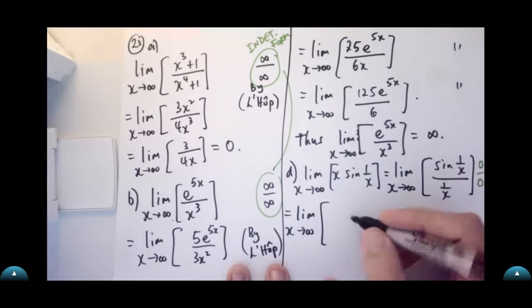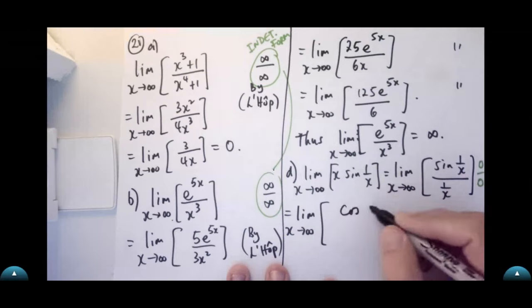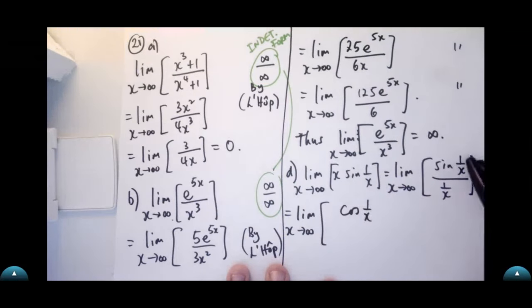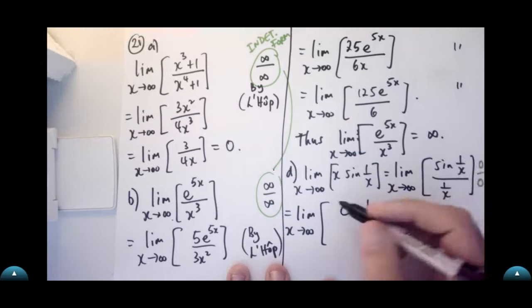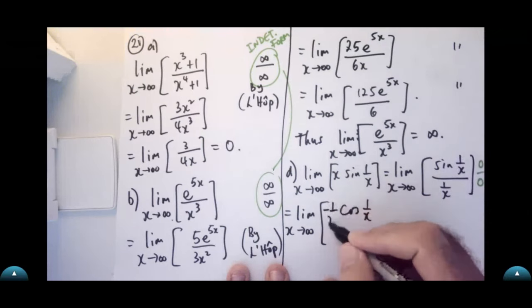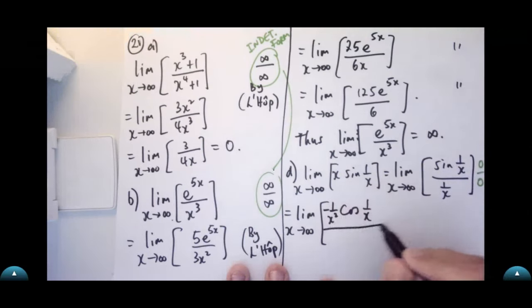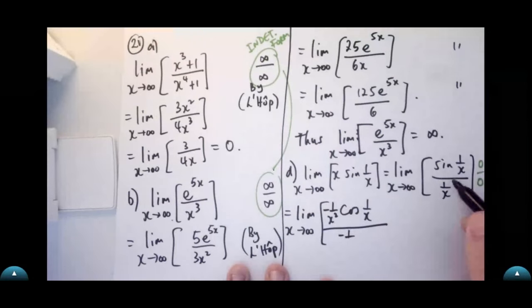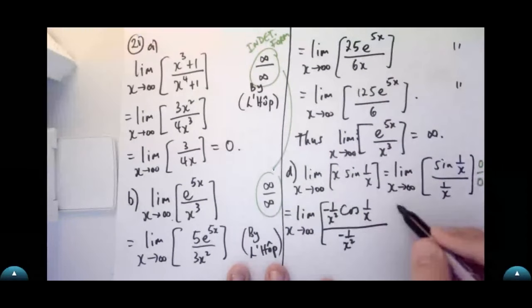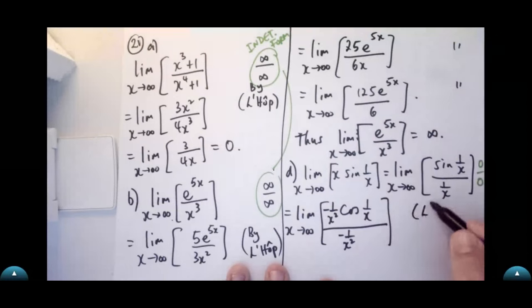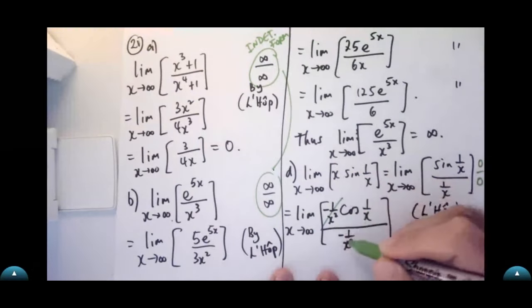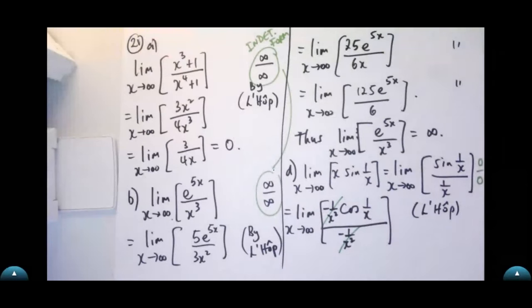Well, sine goes to cosine. And I want to take the derivative of 1 on x, which is negative 1 on x squared. If I differentiate that, I'll get that. Okay, so now you can see, even though it's a mess, that's going to cancel with that, which is great.